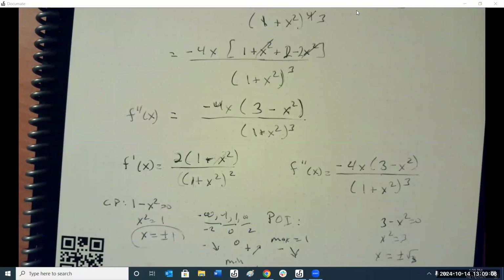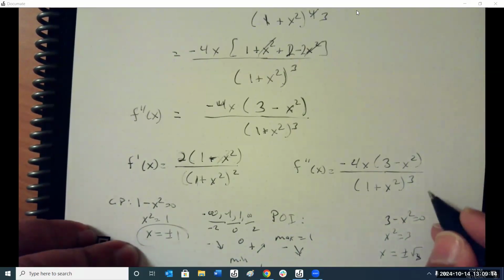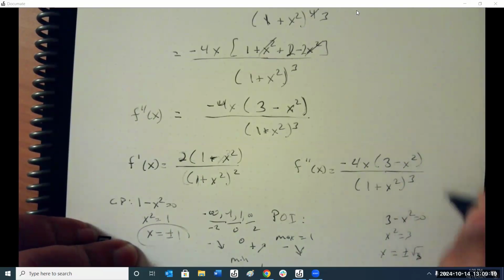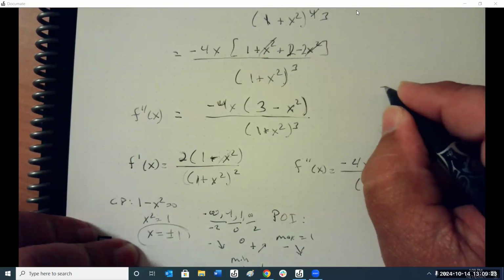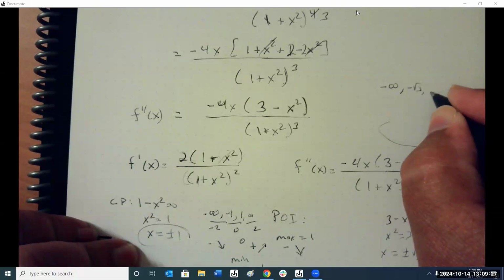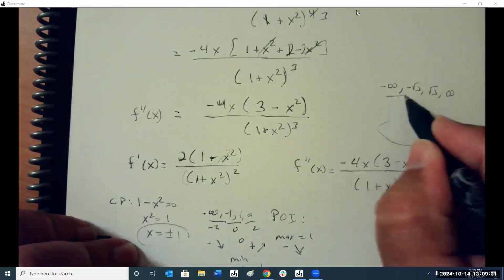Now I've got to find concavity. So from negative infinity to negative radical 3, to radical 3, to positive infinity. So we have these three.